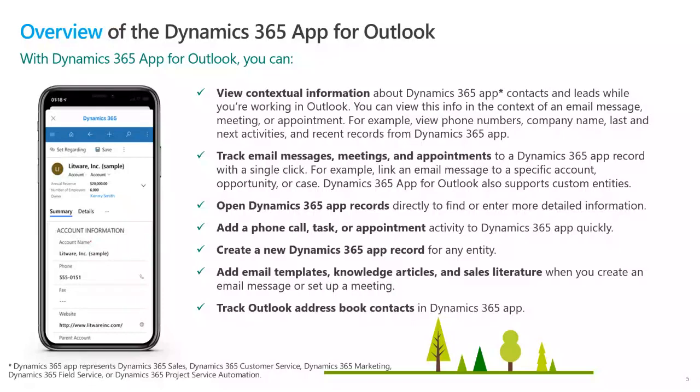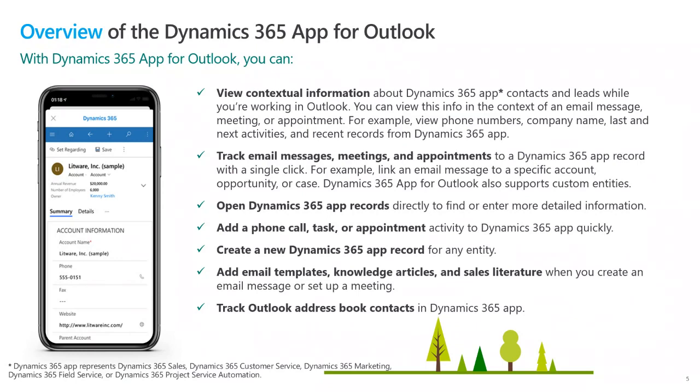You can view everything in context, in the context of an email message, a meeting, or appointment. For example, you can view phone numbers, company name, job title, last and next activities, and recent records right from the app for Outlook within Outlook without having to leave Outlook.